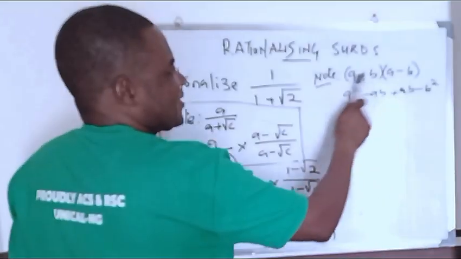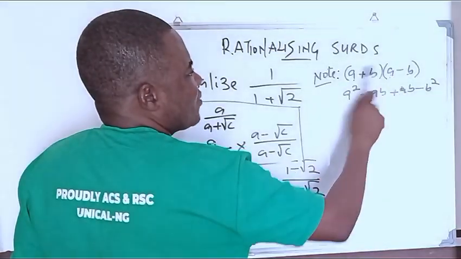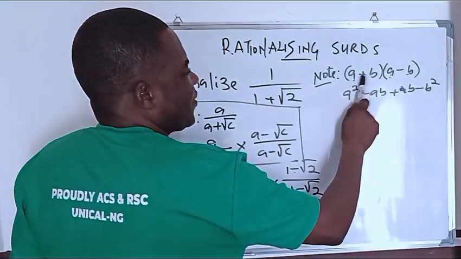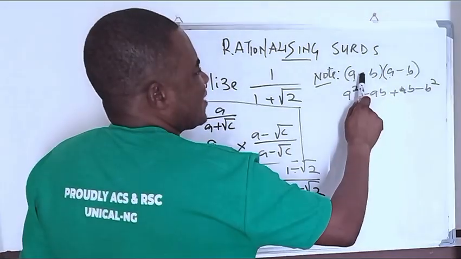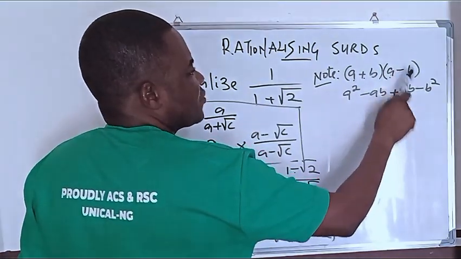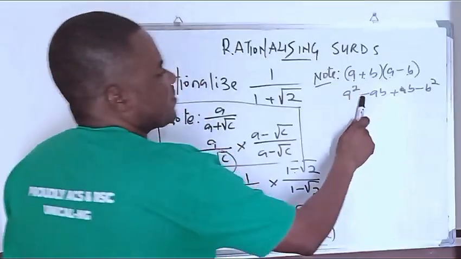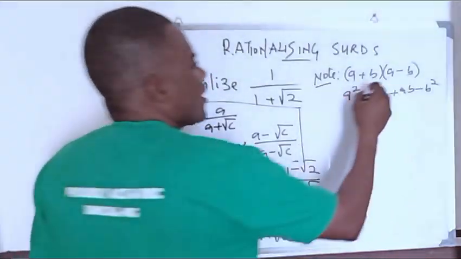So a times a is a squared, a times minus b is minus ab, plus b times a is plus ab, and plus b times minus b, plus and minus is minus b squared. Because this is minus ab and this is plus ab, same numbers with opposite signs cancel out.